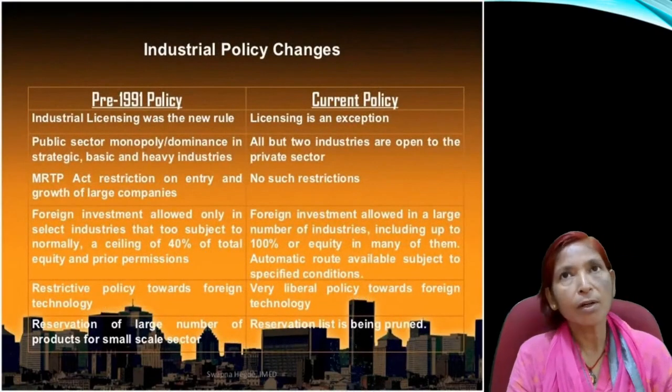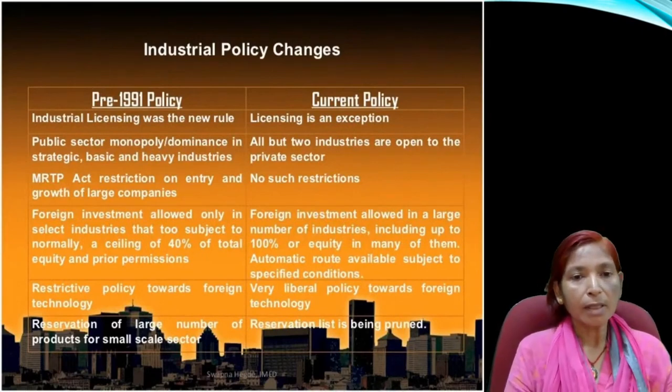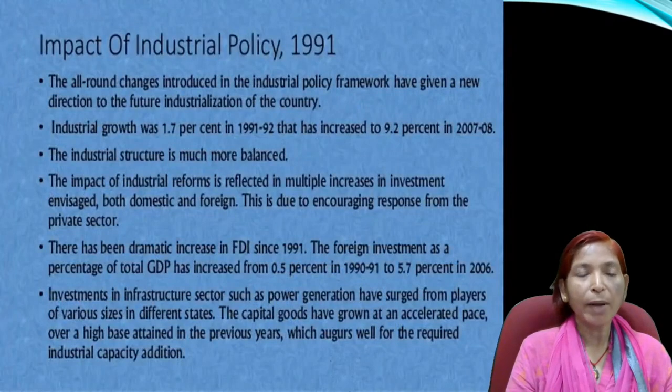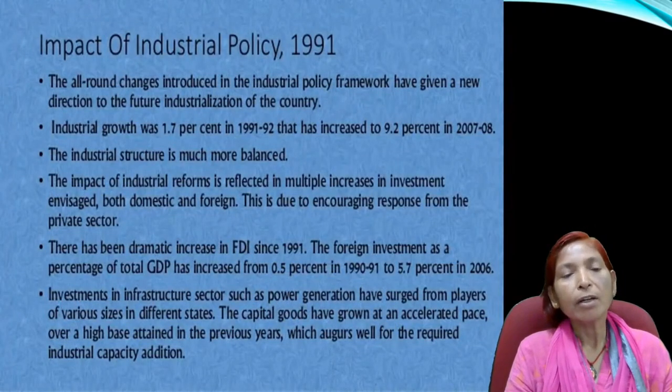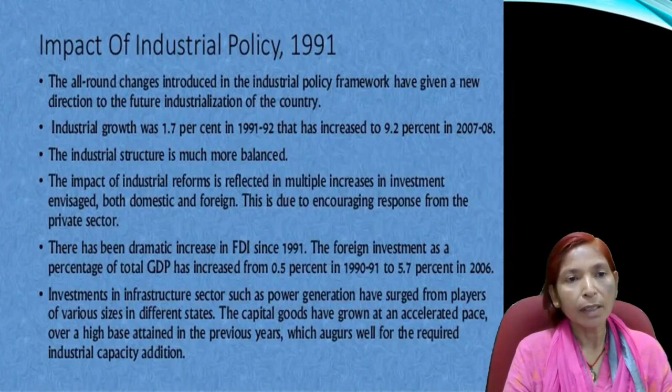Now, between the industrial policy of 1991 and pre-1991, there is a lot of difference. The 1991 policy provides more freedom and more advancement for the FDI sector. Overall, we can say that the impact of this industrial policy is very good on the industrial development of the country.